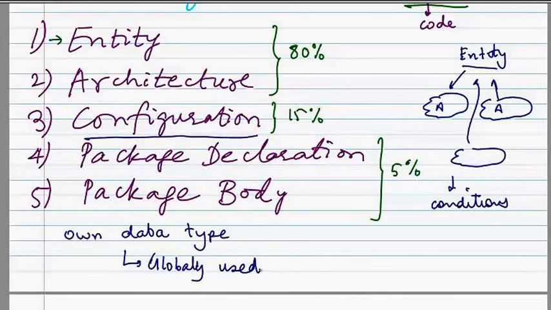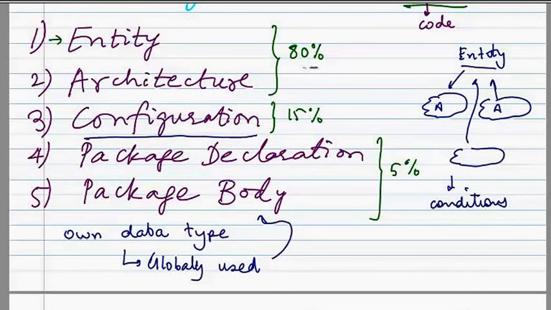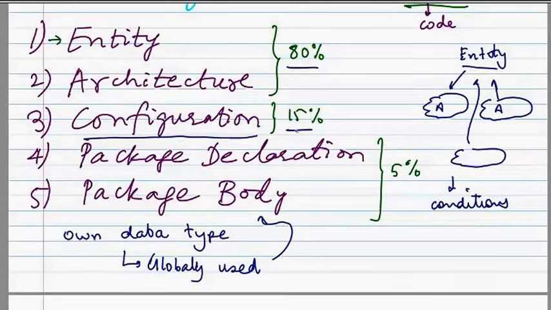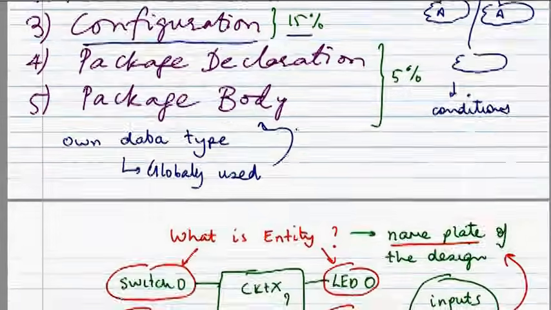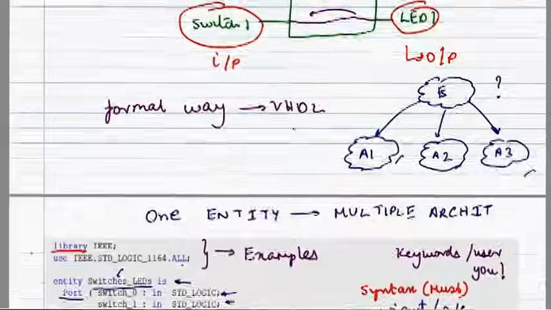Then I would do all of that inside a package. I would not like to go into further detail of package declaration and package body for now, but as I said, 80% to 90% of the times we'll be looking at entity, architecture and configuration. I hope that the basic introduction of entity and architecture was clear.